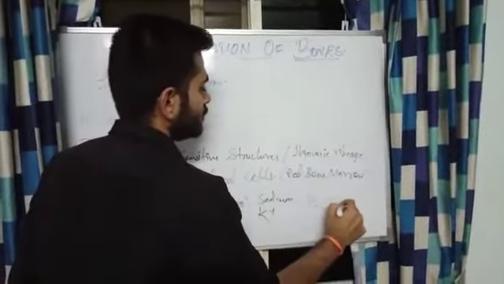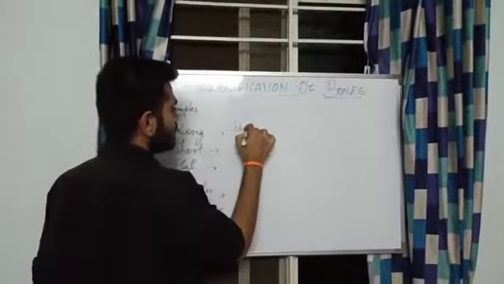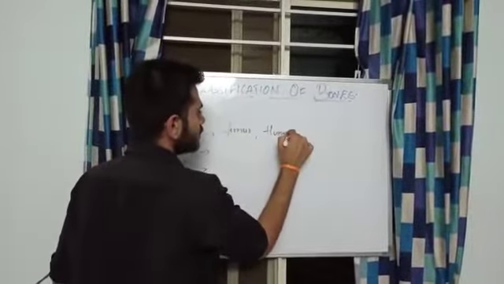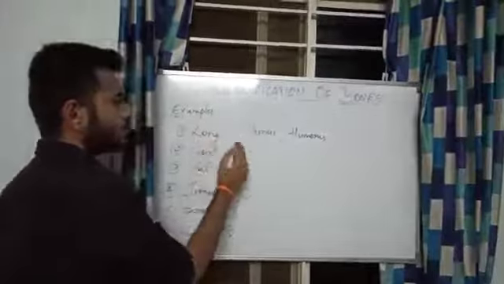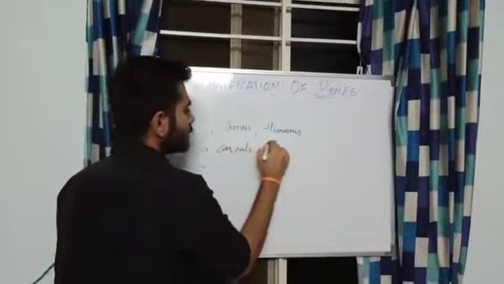Examples of the bones, as we know the classification of bones: long, short, flat and irregular. So we will give some examples. That is long bones, the examples are femur, then we have the humerus. In short bones we have the carpals and tarsals.